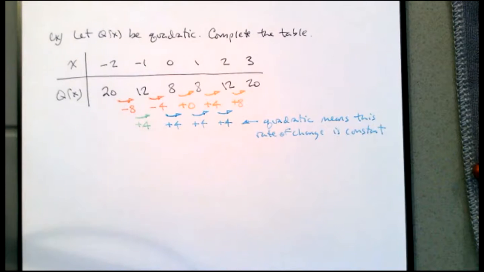We know at this level, that rate of change is constant. So the level above it, we can figure out how much change is going on.